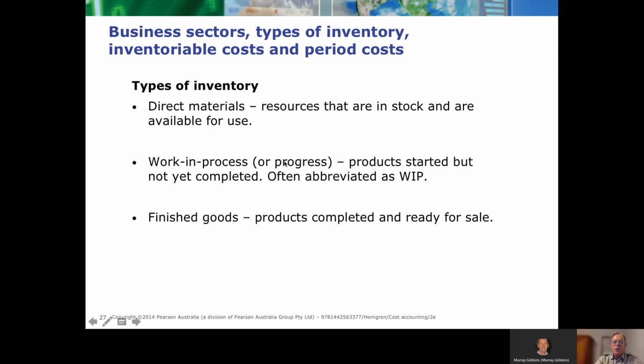Work in process is often abbreviated as WIP. And once it's finished, you're not going to leave it lying around in the factory. You'll run out of space. So once it's completed, ship it out to the finished goods warehouse, and it becomes finished goods stock ready to be shipped to the customer.